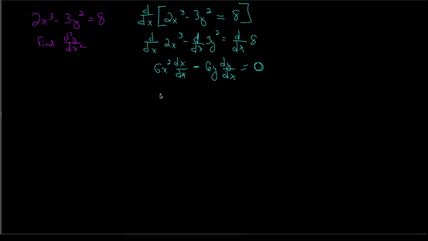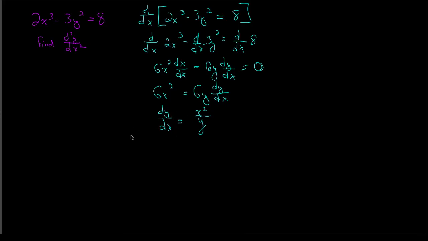What we'll do then is separate these, and I'm seeing this as 1 now because anything over itself is 1. And I'm going to solve for dy/dx, and we get x squared over y. And so that's our first derivative.